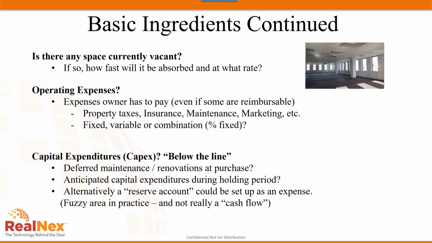Remember the importance of saying, what are the actual cash flows? So put that in as a cash flow when you actually expect it to occur. So the program allows you to do it all different ways. Sometimes you're forced to have a reserve allowance, depending on the type of financing, especially if it's under some government program. So we allow a lot of different flexibility in how you can put in the capital expenditures.